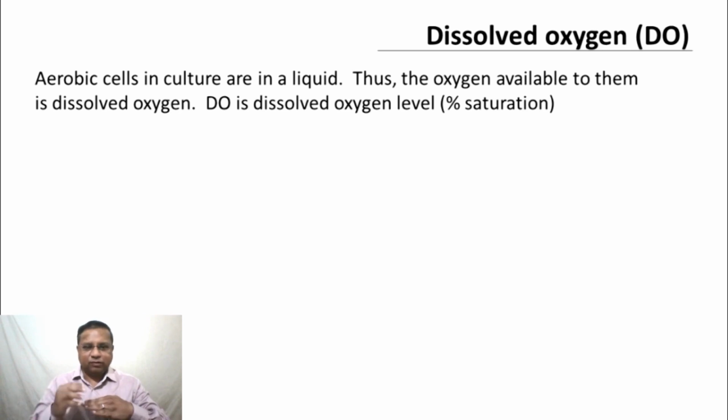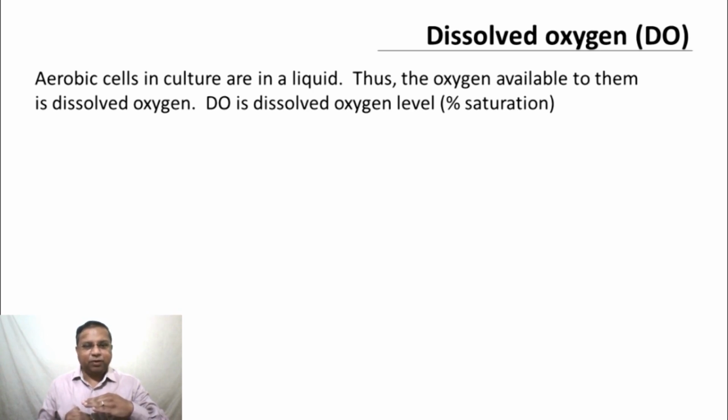The concentrations, of course, bear a certain relationship that is given by Henry's law and so on when the equilibrium is achieved, but they are not equal. You have 21% oxygen in the air. You have probably around 8 ppm in water under standard conditions. Oxygen is a sparingly soluble gas.